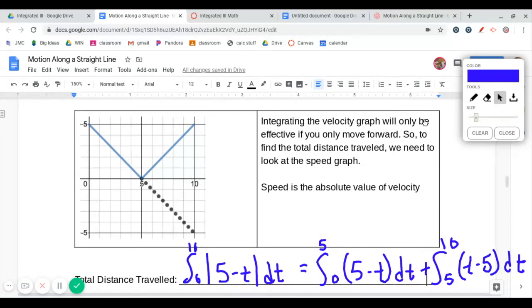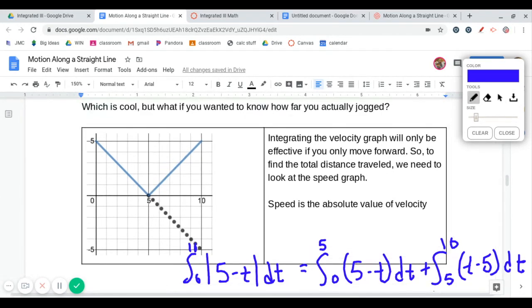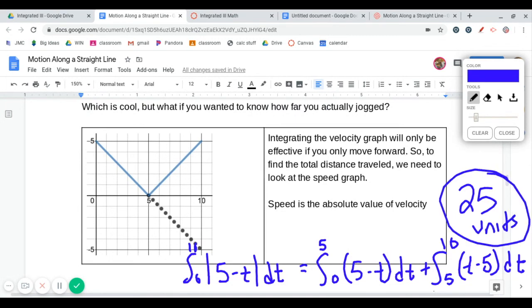When you solve these two integrals and add them together, you will end up with a total distance traveled of 25 units. That's how far we actually jogged.